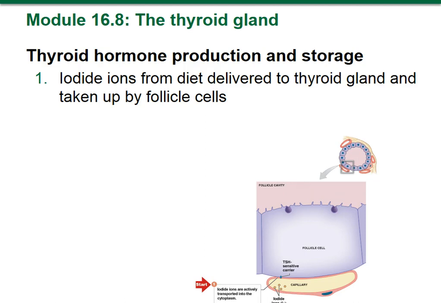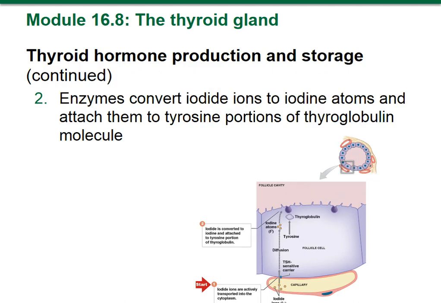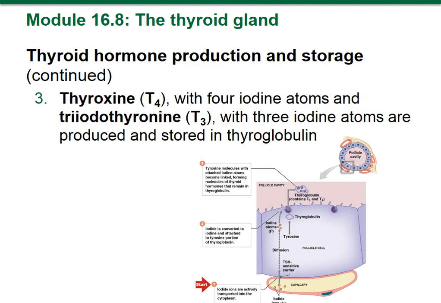And it's taken up by the follicle cells because we need it for the thyroid gland. There may be a few other places that you would get it. The enzymes convert the iodide ions to iodine atoms. They attach to the tyrosine part of the thyroglobulin. And we produce these two hormones, thyroxine, called T4, and triiodothyronine, called T3. So it's easy to remember, T3, T4.